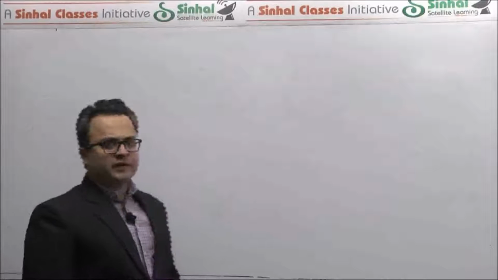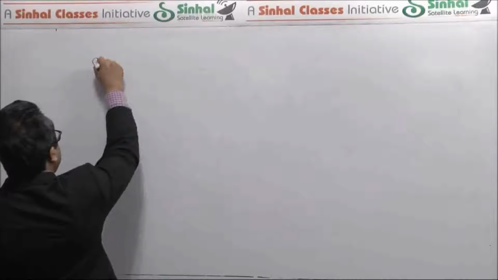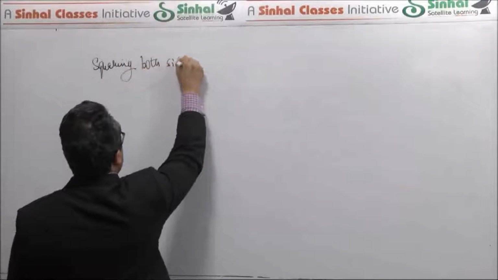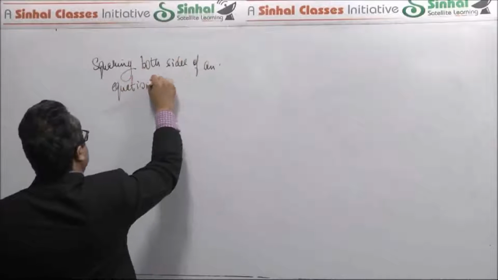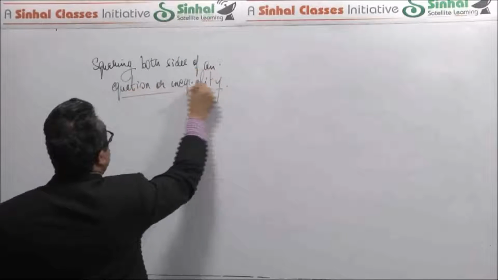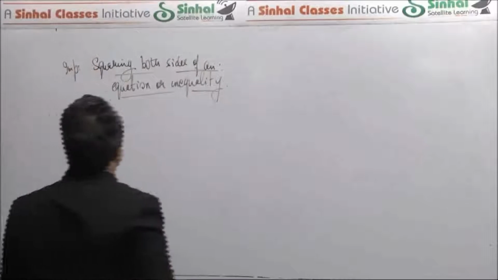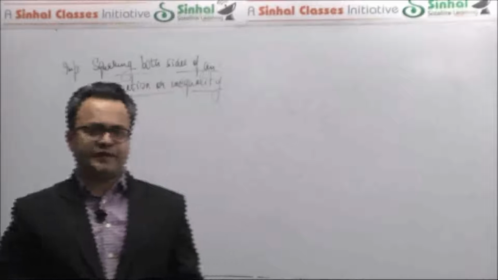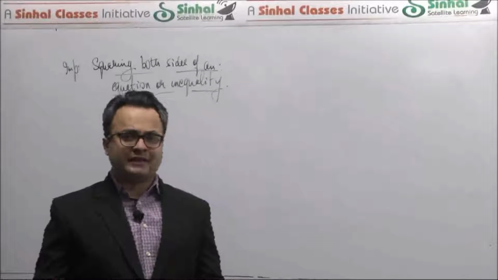So first of all, what you have to realize is that you cannot always trivially square both sides of an equation or inequality. Squaring both sides might lead to a situation in which the solution set of the original equation or inequality might change.